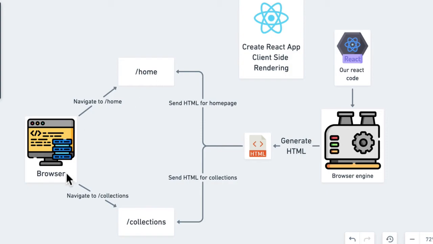The same thing happens whenever they navigate to any other route, such as collections. But the main idea here is that the browser engine is the thing that is generating the HTML pages that the browser needs to load related to our React application. Everything is rendered on the client side, so on the browser.